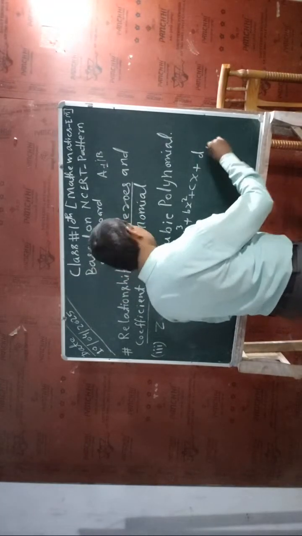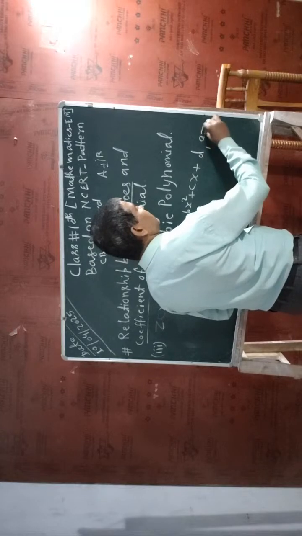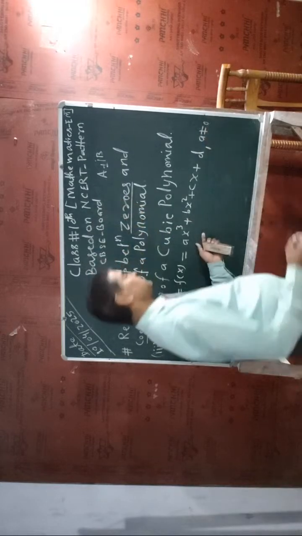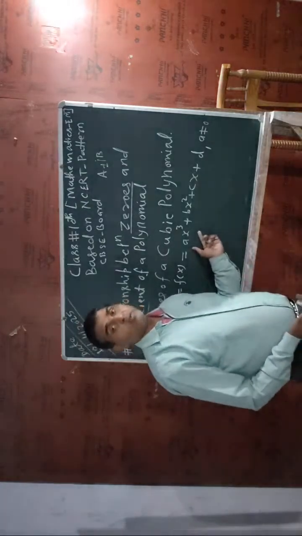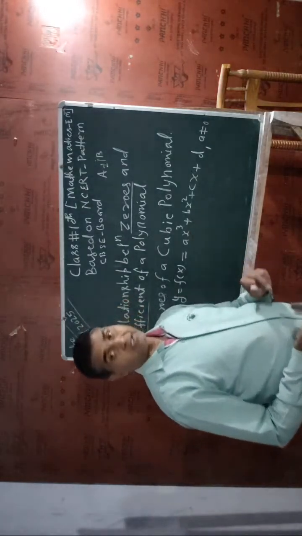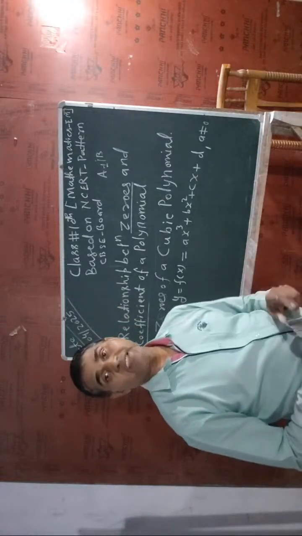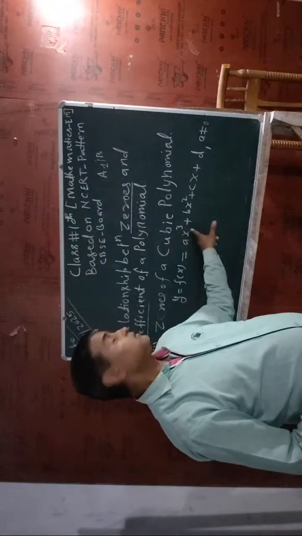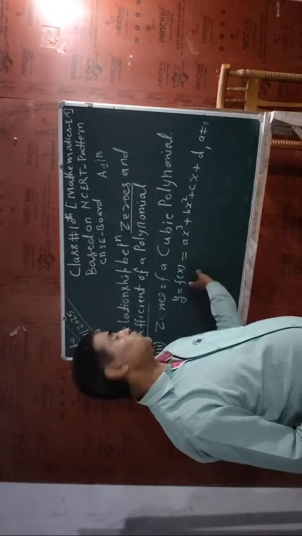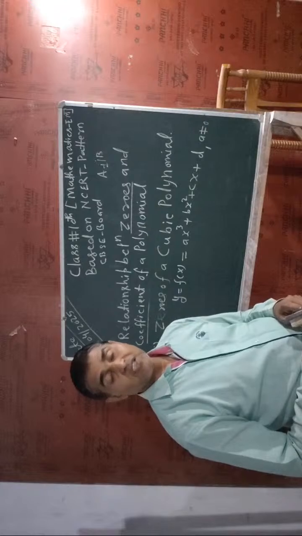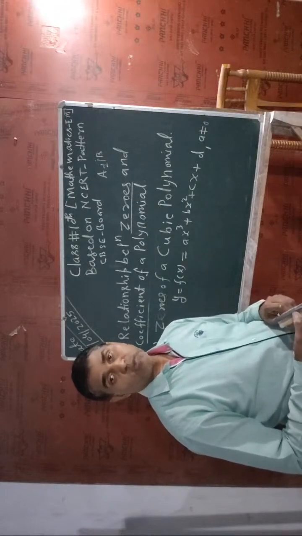Here a cannot be 0, because if a is 0, this polynomial will become quadratic. But I have to explain the cubic polynomial here. Okay, students, this polynomial has degree 3, so it is called a cubic polynomial.